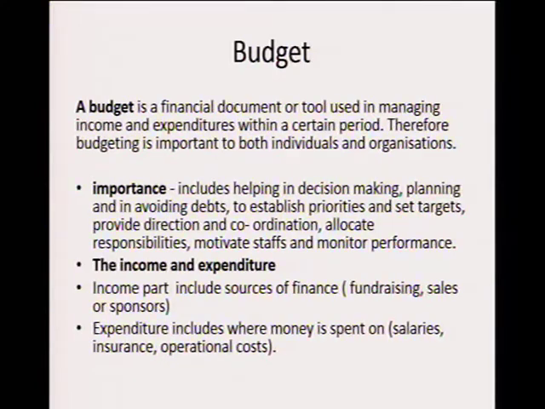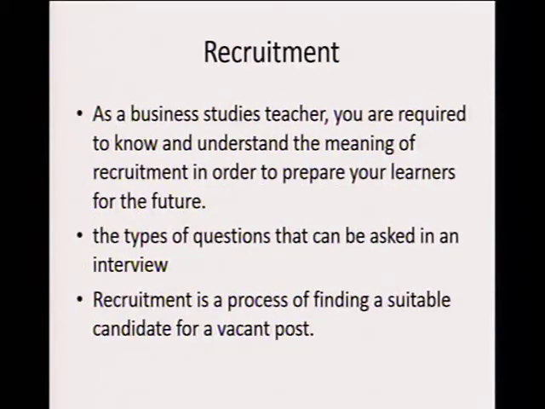The expenditure part will then include the expenses, the money that is spent on the operational activities of the business. That is in short about the aspect of a budget for this class.